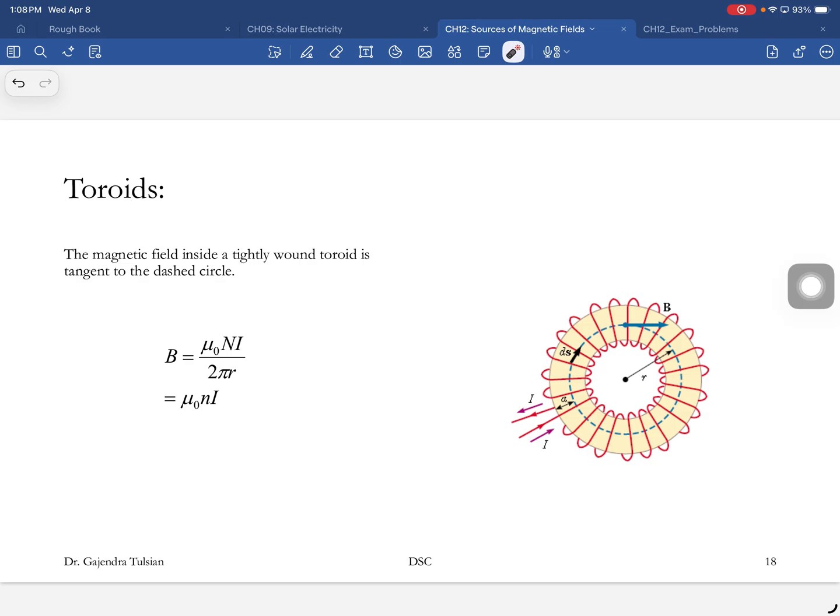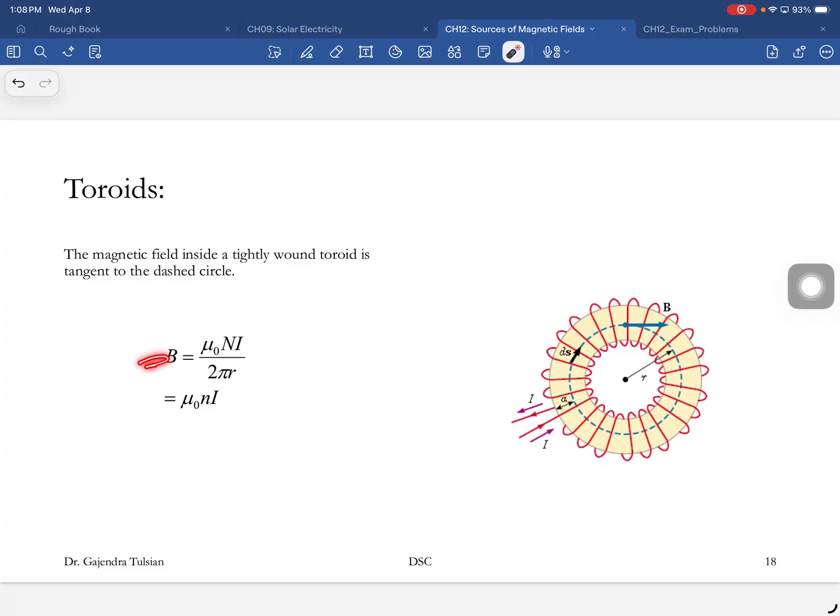What else can you do to make a strong field? Here's why you need a strong field. The hotter the temperature, the faster the particles are moving, and the stronger the field has to be to make them go in a smaller circle to trap them. So the hotter the gas you want, the stronger the field you want. To make a strong field, you get the number of turns high.